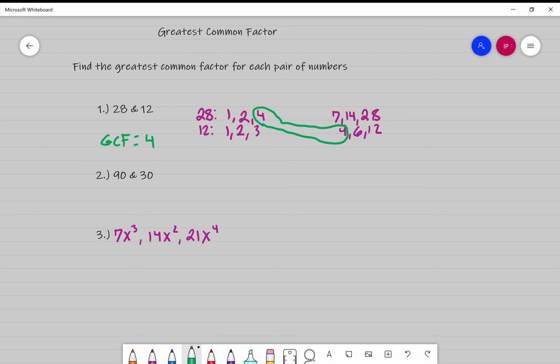Alright, let's go to number 2. We're trying to find the GCF of 90 and 30. Like I said, I always start with the largest number, 90 and 30.